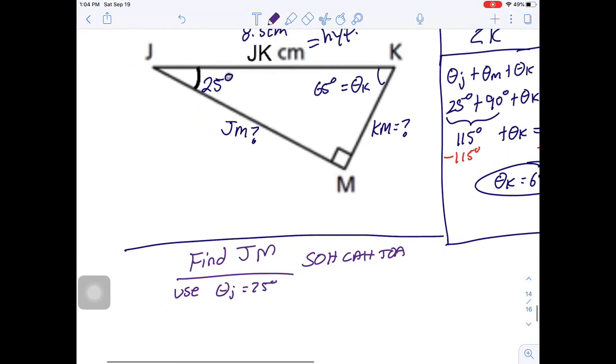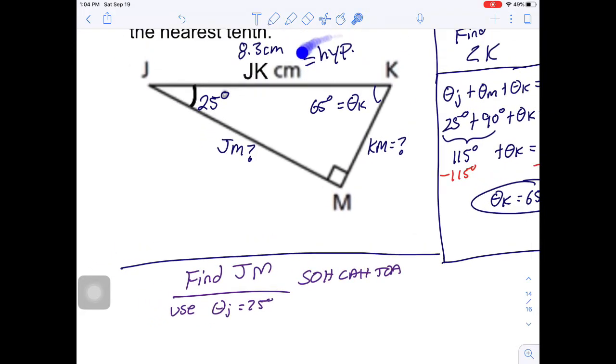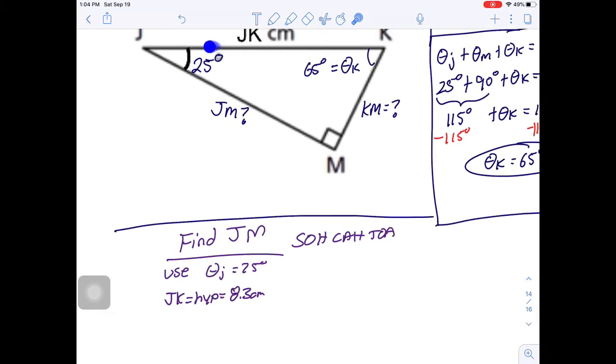Okay, we also have the hypotenuse here. So we have the hypotenuse, J to K equals hypotenuse, which is 8.3 centimeters. And now, in the perspective of 25 degrees, what is J to M?